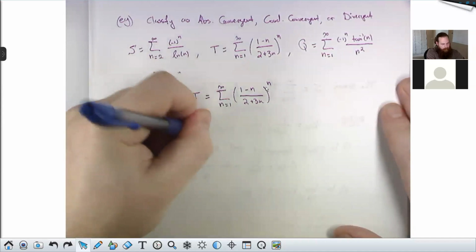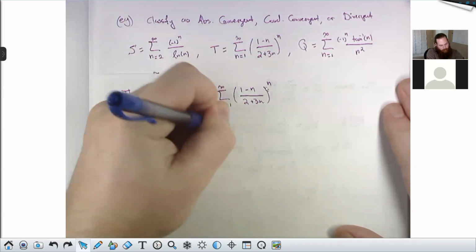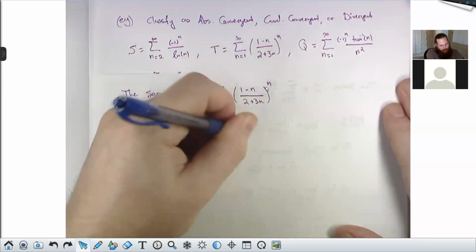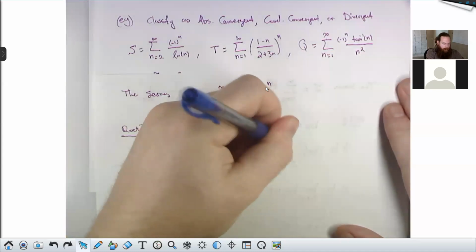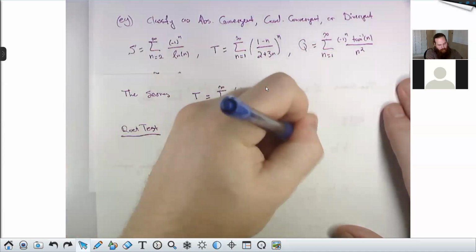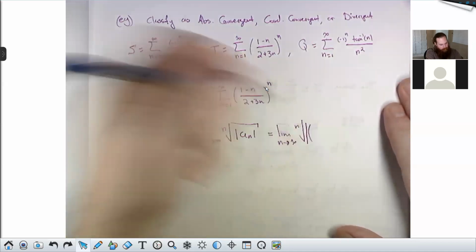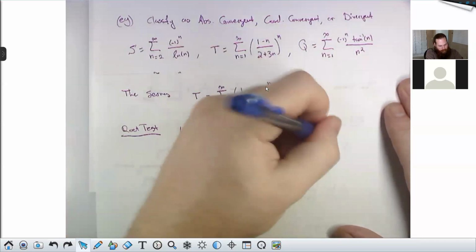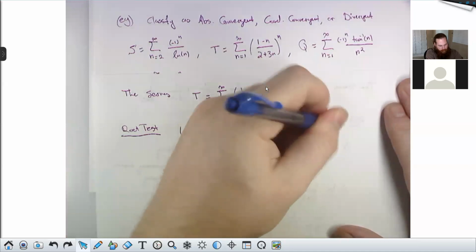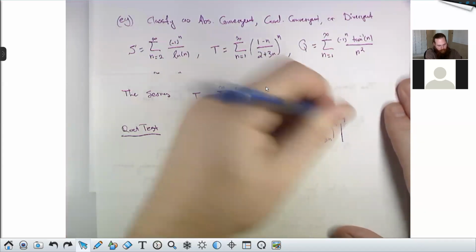L is the limit as n goes to infinity of the nth root of the absolute value of a_n, which here is the limit as n goes to infinity of the nth root of the absolute value of (1 minus n over 2 plus 3n) all raised to the n, all inside absolute values, all under the nth root.